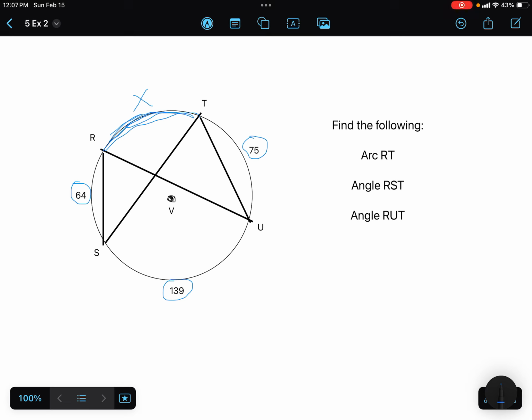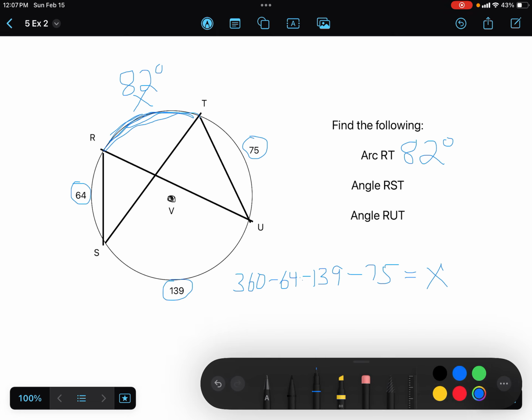So we could set up the equation 360 minus 64 minus 139 minus 75, and that would give us the leftover, which is angle X. As it turns out, that gives us 82 degrees for arc RT.